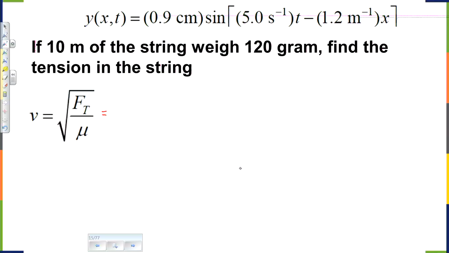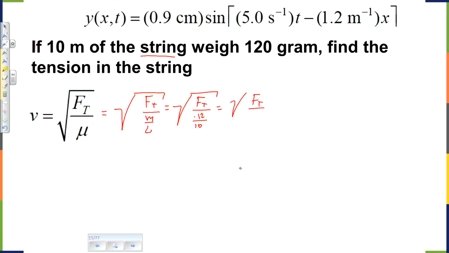We're assuming it's a relatively long string, so the wave travels in space and time, and that's supposed to be equal to the force of tension divided by, well, that's supposed to be m over L, and actually we don't know the tension, so probably we'll have to find it. Tension, and that's supposed to be, well, we have to convert grams into kilograms and divide by length, and that's it. That's all we can do for now.